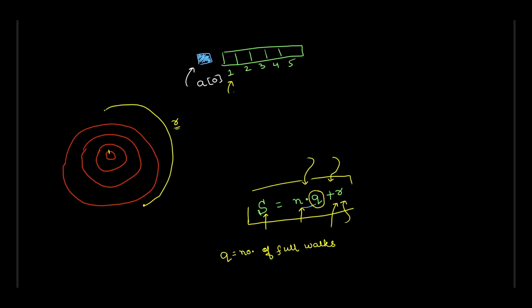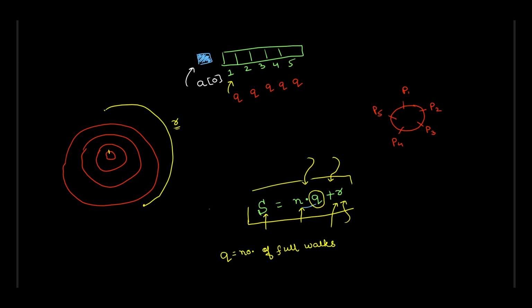So one thing is for sure, each person needs Q balls to participate in those Q rounds. That part is for sure. Then, since you are given the configuration, you are given the initial ordering of the people. So person 1 is standing over here, person 2 here, person 3 here, person 4 here, and person 5 here.